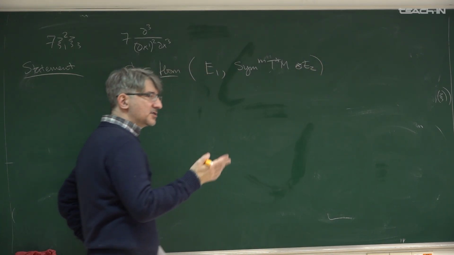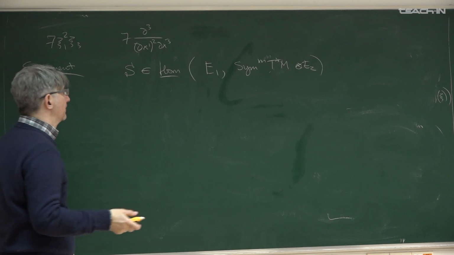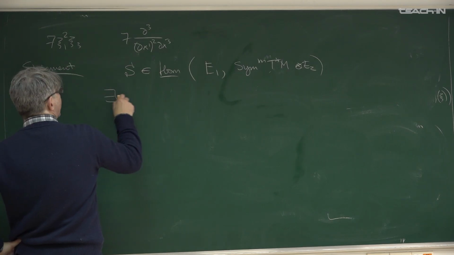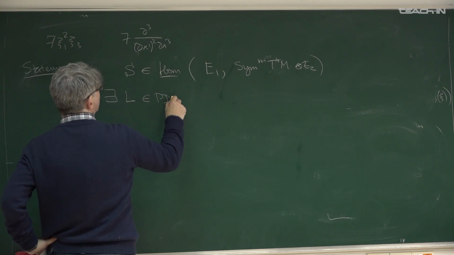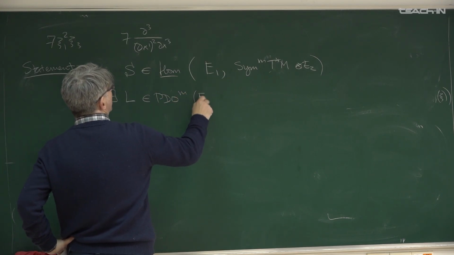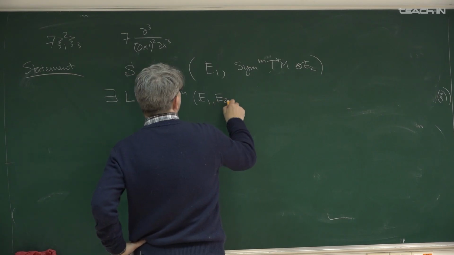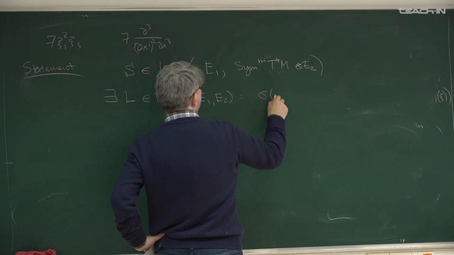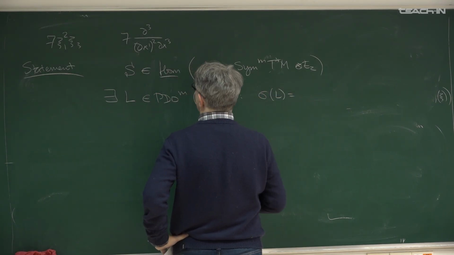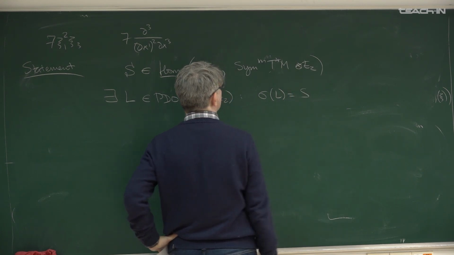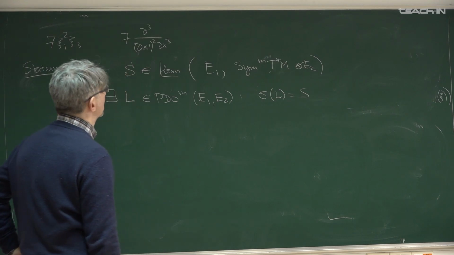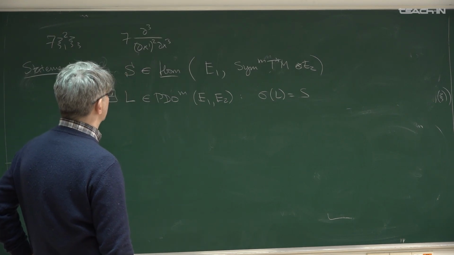So it potentially can be a symbol of L, which is partial derivative operator of order M from E1 to E2, such that its symbol is exactly what is written here. Is it? I think the symmetric part should be in the first argument. Yes, that's correct.